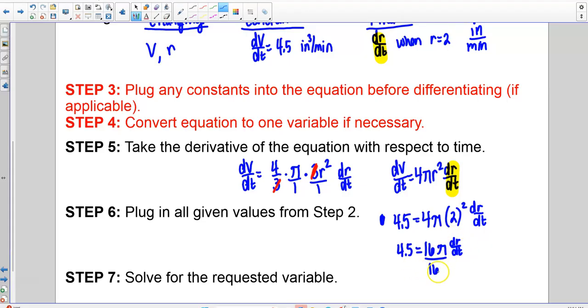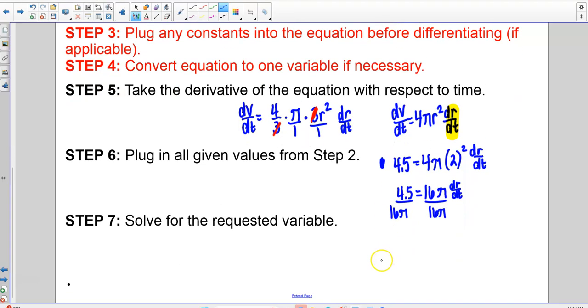We will need to divide by 16 pi. And so dr/dt equals 4.5 over 16 pi. If you find yourself doing this and getting a number like this on a calculator inactive question, stop.